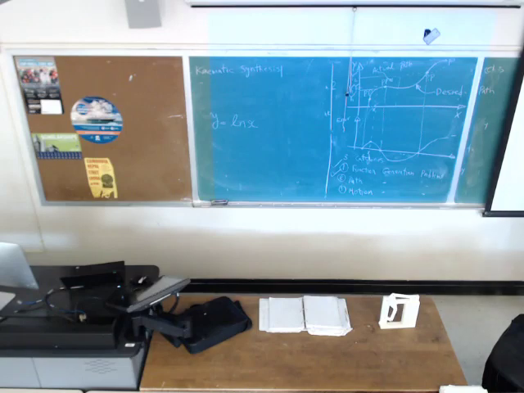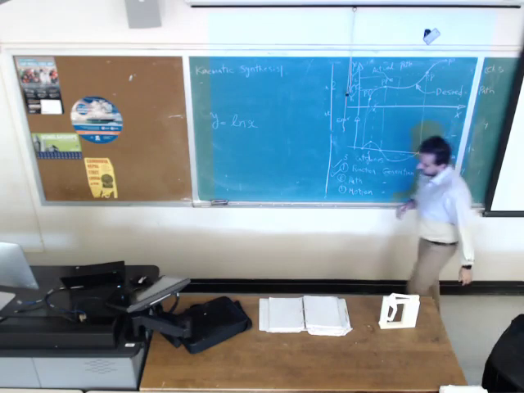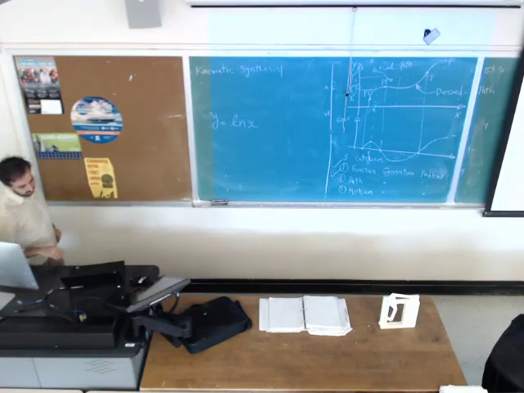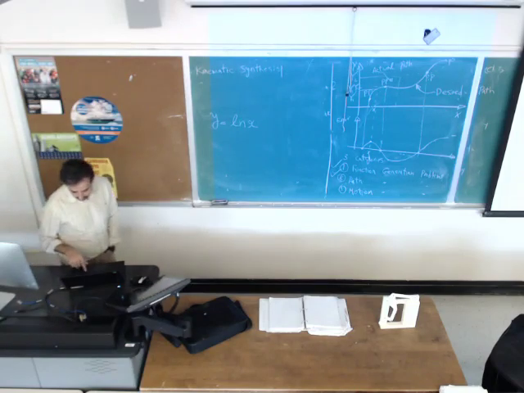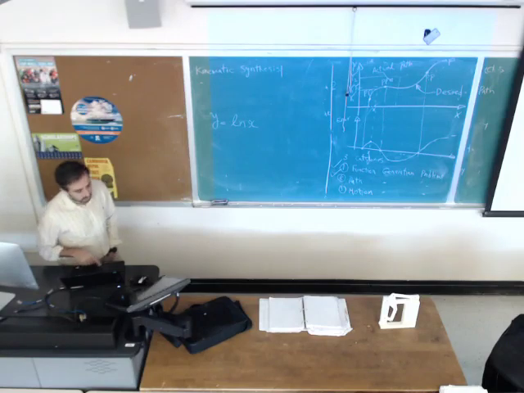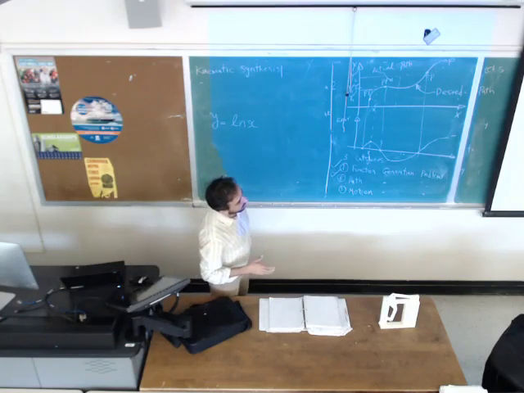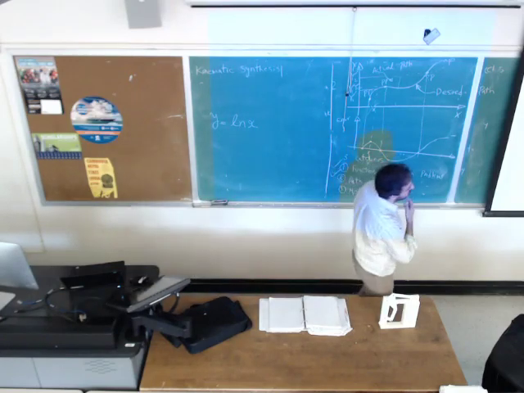So we are going to size this linkage such that it generates that desired motion for us. This also can be a project if any group is interested in doing that.